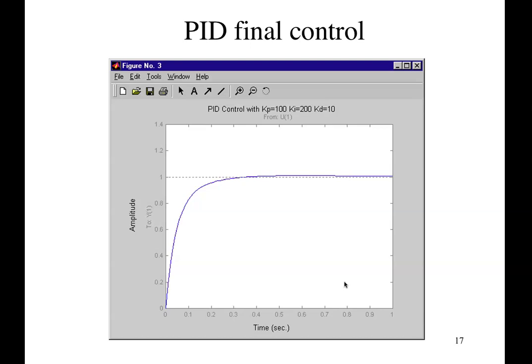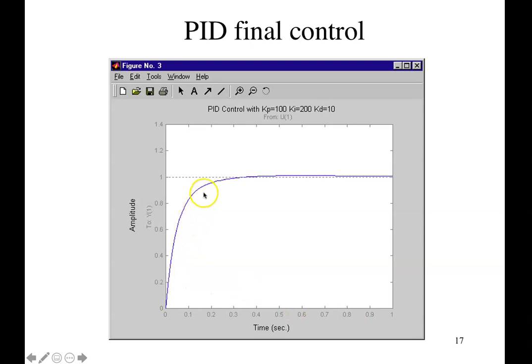This is just an example. Say, I'm quite happy with that response. I actually use all three terms, and that gives me a quite reasonable rise time. Now note that I changed the axis a little bit, from 0 to 1. The previous diagram is from 0 to 5.